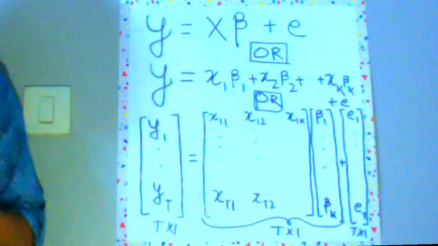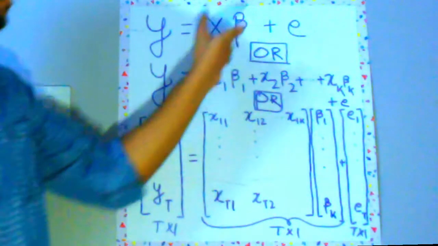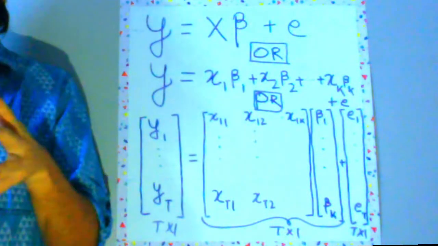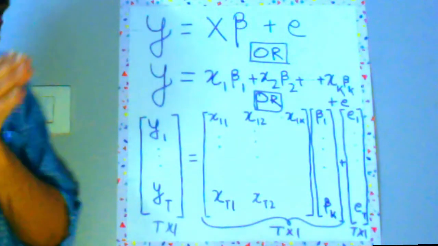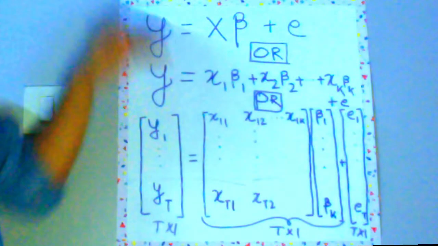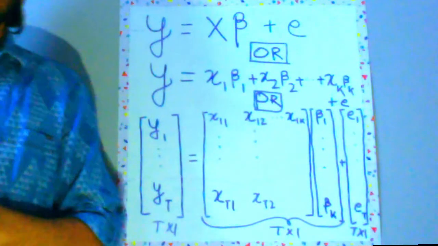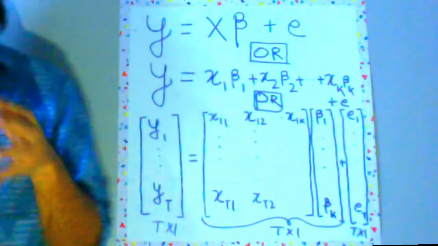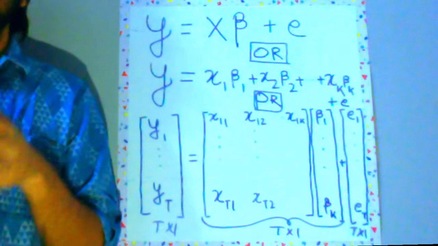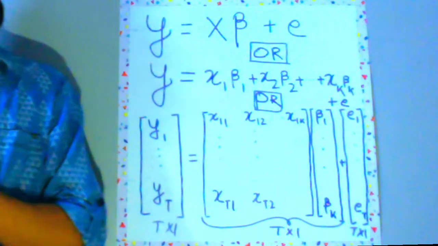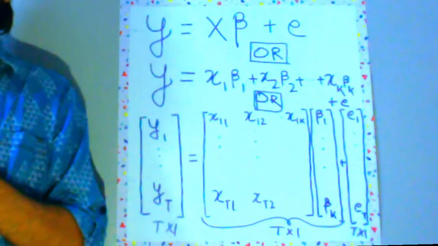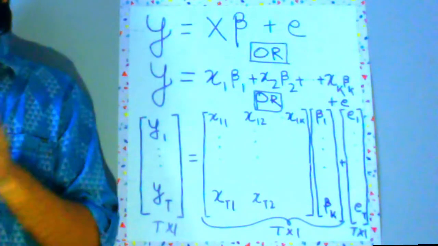So now let's try to find out beta. But before we find out beta, we need to understand a few assumptions of this model. This model is known as the classical linear regression model, and there are 3-4 assumptions here. So let's go through those assumptions one by one.